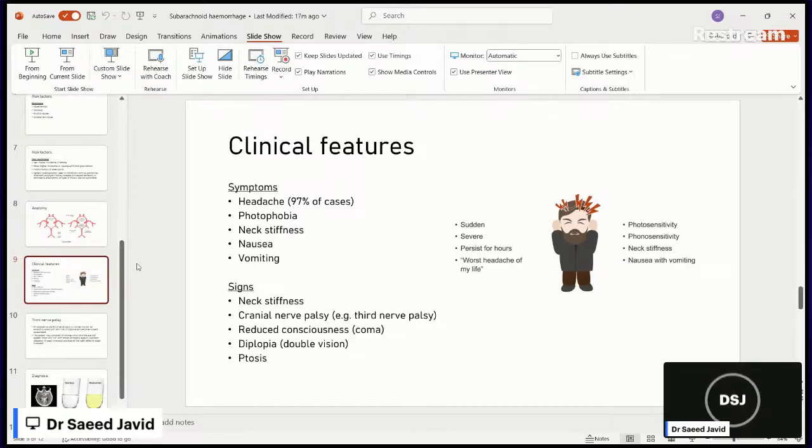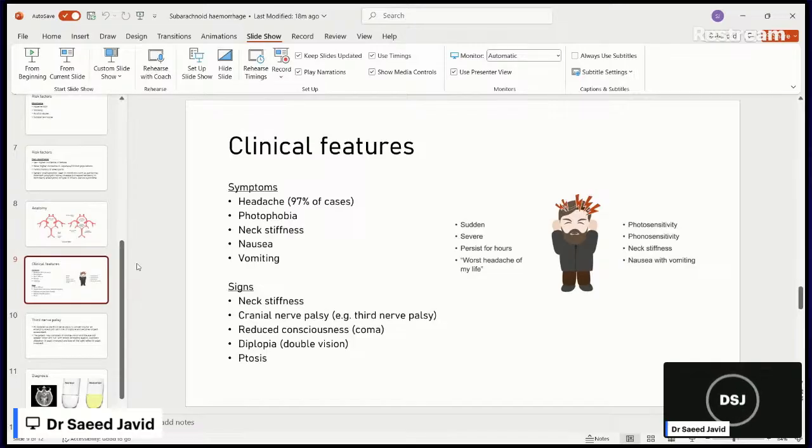It's typically associated with either subarachnoid hemorrhage or, as you guys know, also meningitis. It's a triad that indicates there is some meningeal irritation.